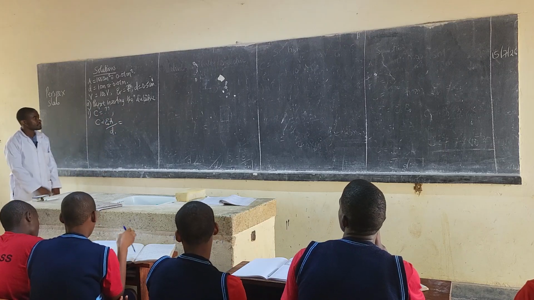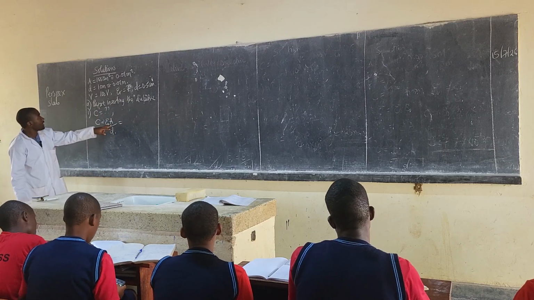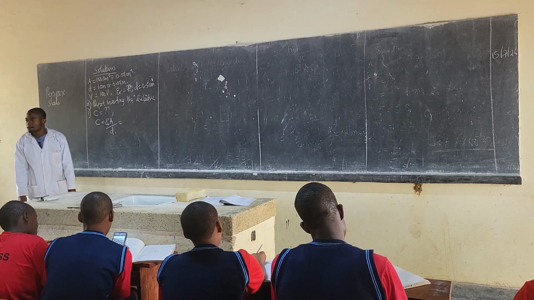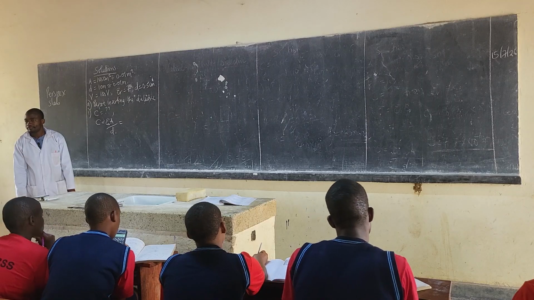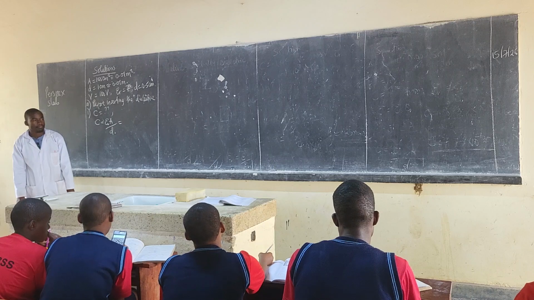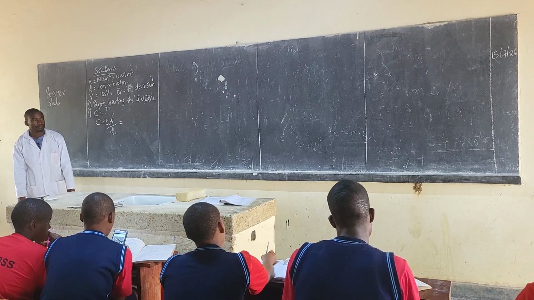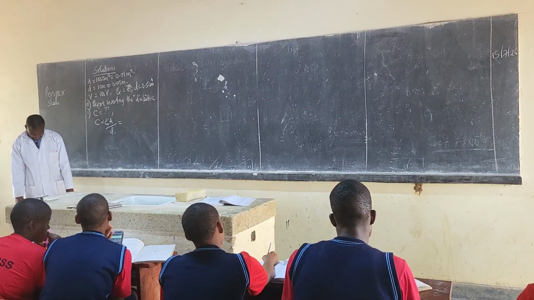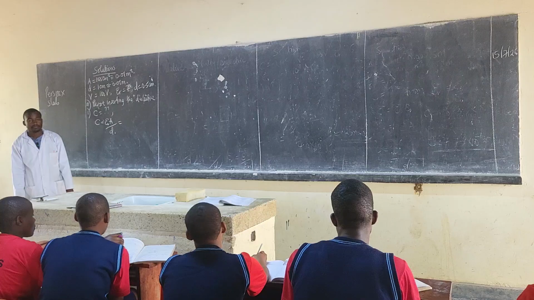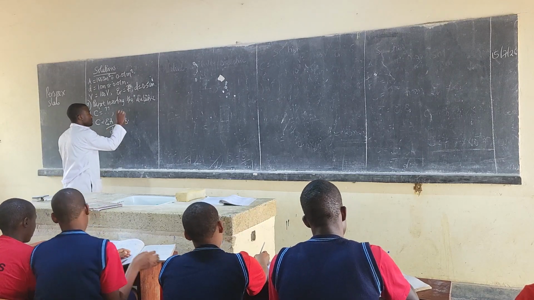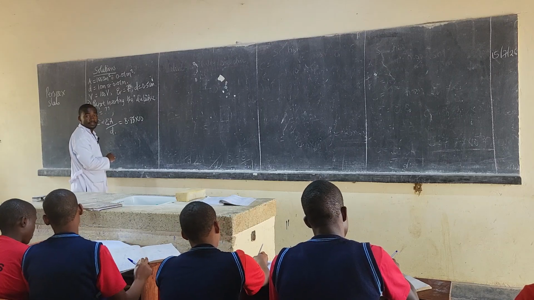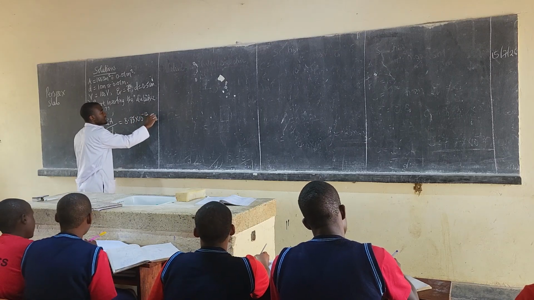What do you get here? Epsilon naught is a constant, A is here, D is there. Tell me the answer. 8.85 exponent negative 12, what?